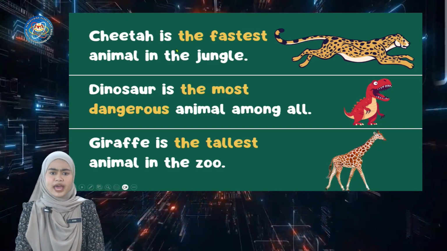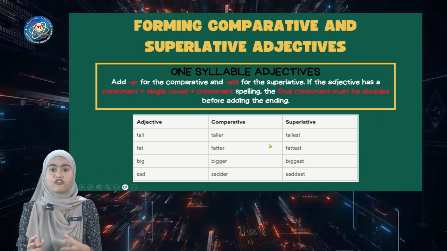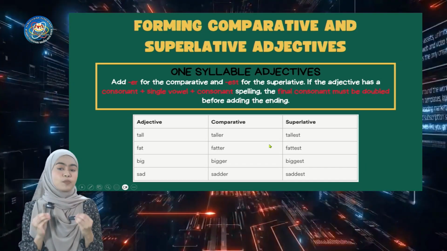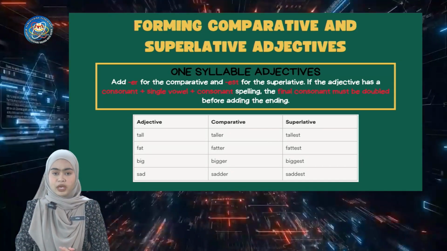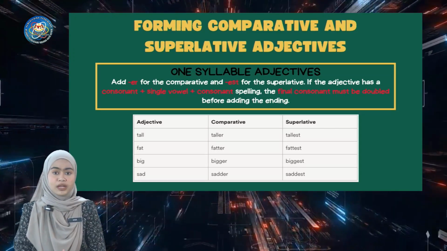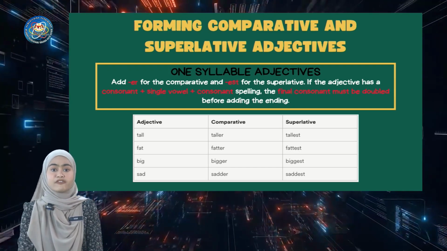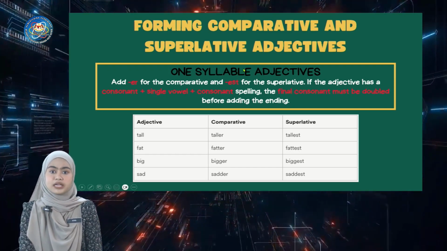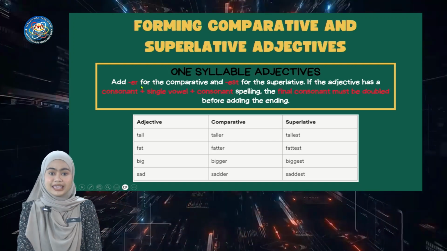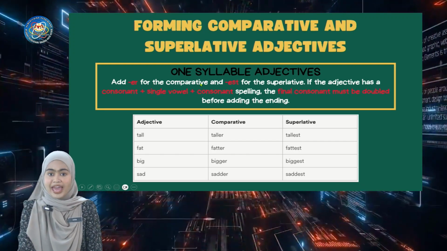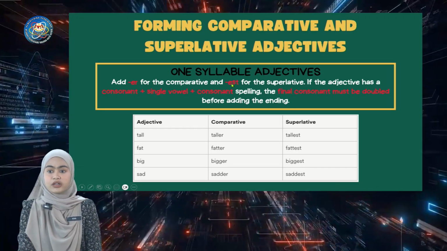Alright, let's look at how we form comparative and superlative adjectives. We form them using this formula below. If the word is a one syllable adjective, we add ER for the comparative and EST for the superlative.